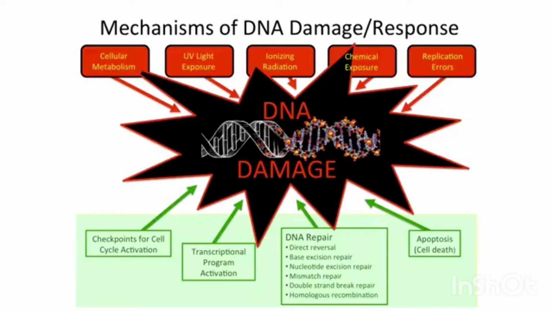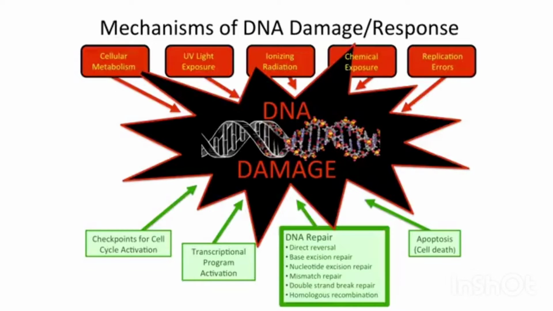You can also have transcriptional activation of specific proteins that are able to deal with different kinds of DNA damage. And on the far right, in the worst case, you can go to self-imposed cell death, called apoptosis.